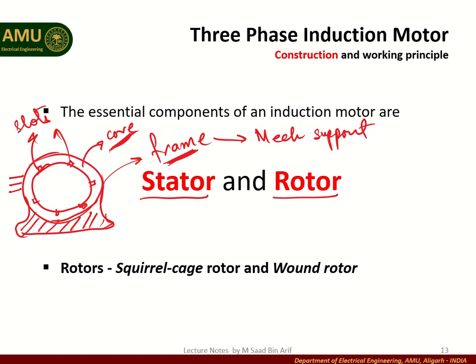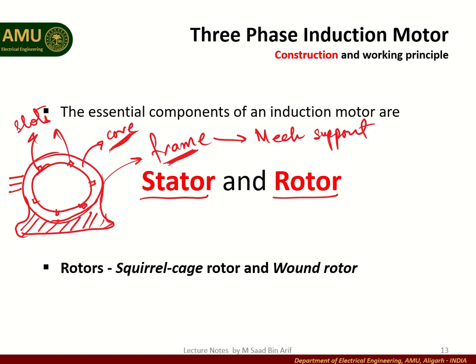Now the rotor is also composed of thin slotted highly permeable steel laminations that are pressed together to form a cylindrical structure, and that cylindrical structure is put on the shaft which is free to rotate. The structure of the rotor can be of two types.